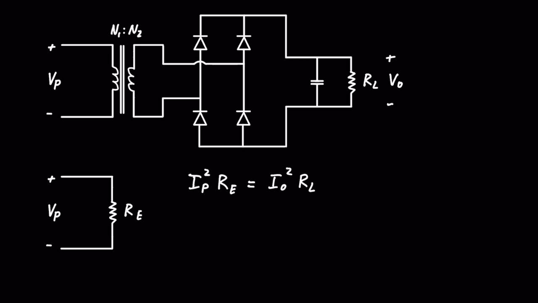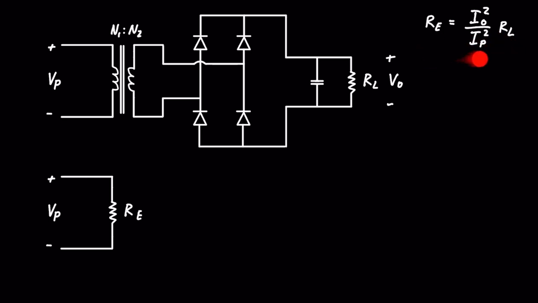We can rewrite this equation and solve for RE. So we get IO squared over IP squared multiplied by RL. We know that IO and RL are known, so we just need to find IP in order to solve for RE.